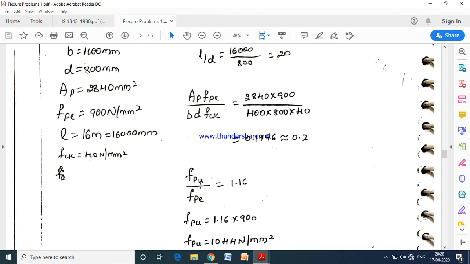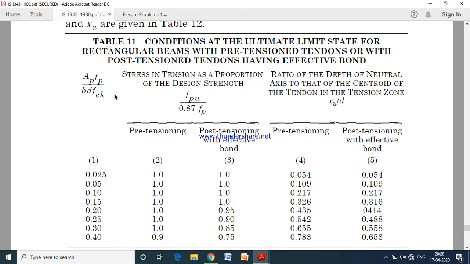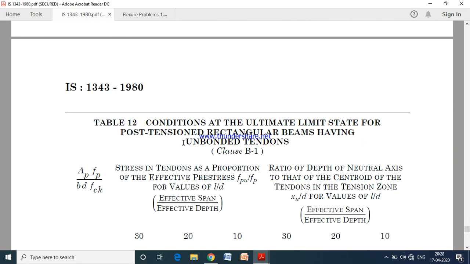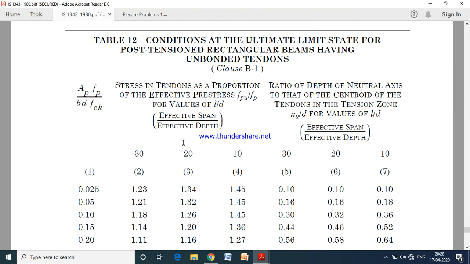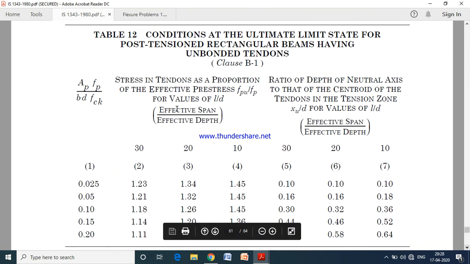So for unbonded, refer to the same code book, Table number 12. Here you can see the conditions at the ultimate limit state for post-tensioned rectangular beams having unbonded tendons. Here it is Ap fp by b d fck, and the effective span to depth ratio is given.